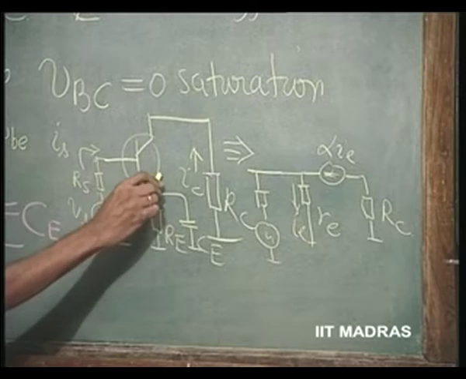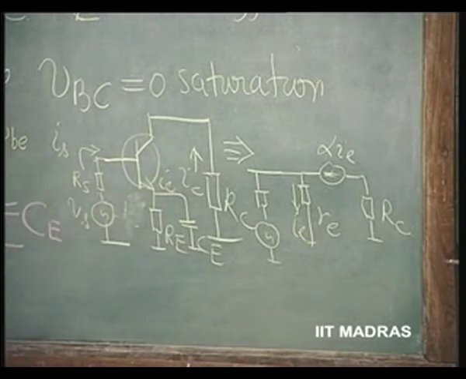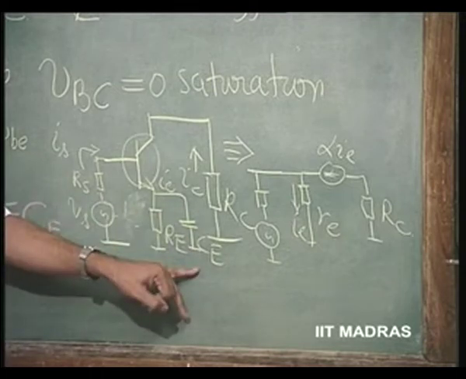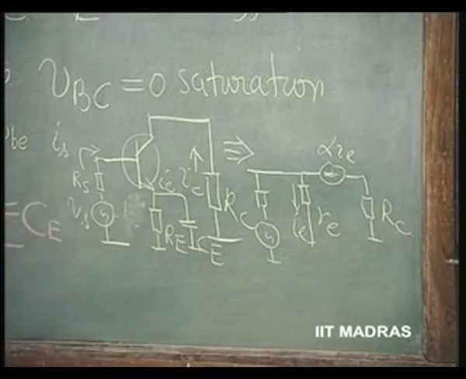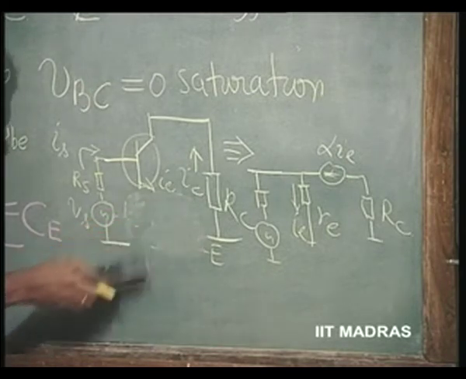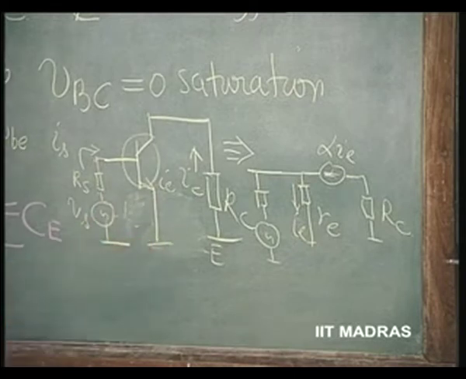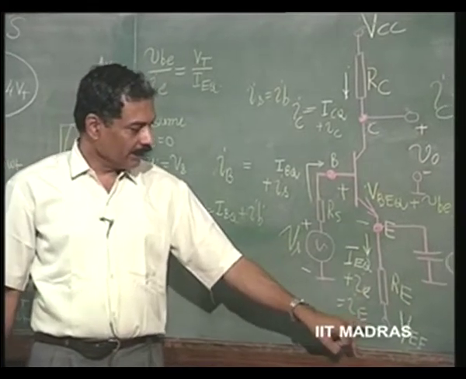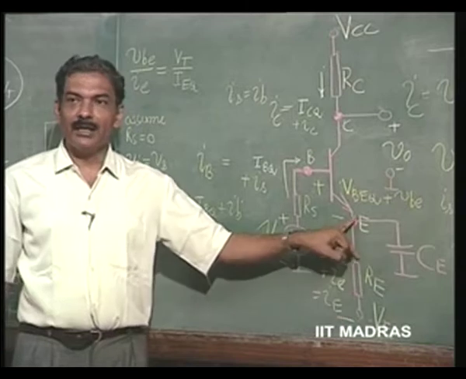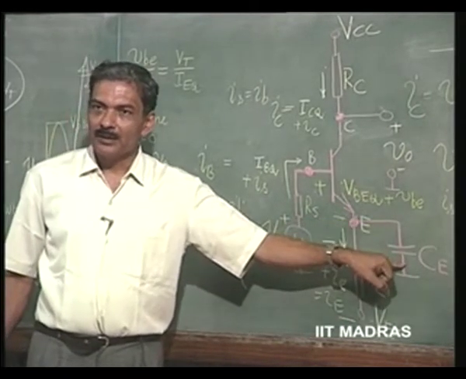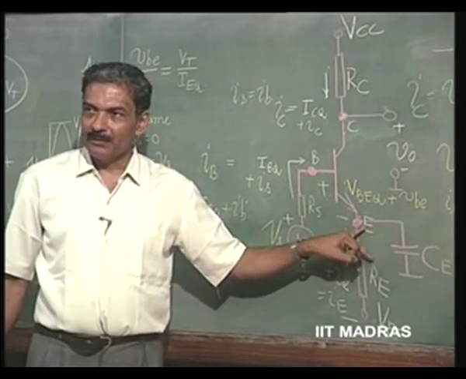Actually speaking, we will put it here, IE will flow, and this IE will flow not through this Re, but through this capacitor, which is a short circuit. So basically this is going to be the equivalence, because the potential here remains constant, which is nothing but minus VEE plus IEQ into Re, a constant potential, if you have selected the capacitor properly. So whenever there is a constant potential, we are grounding it.